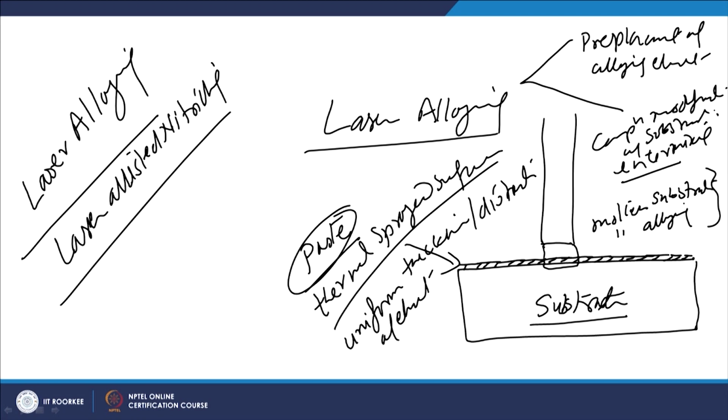Once the surface layers melt and mix with the molten base metal, after solidification this leads to surfaces of modified composition.